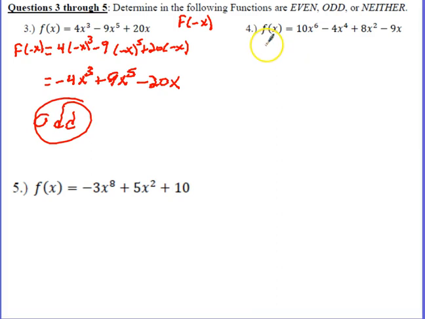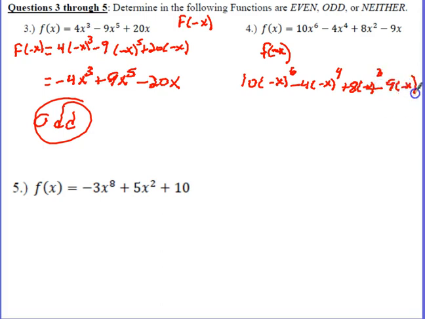Moving on to number 4, exact same thing. Again, figure out what is f of negative x. So we plug that in. So it's 10 negative x to the 6th minus 4 negative x to the 4th plus 8 times negative x squared minus 9 times negative x. So plug in negative x for all of those. So even power becomes positive, so it's 10x to the 6th.